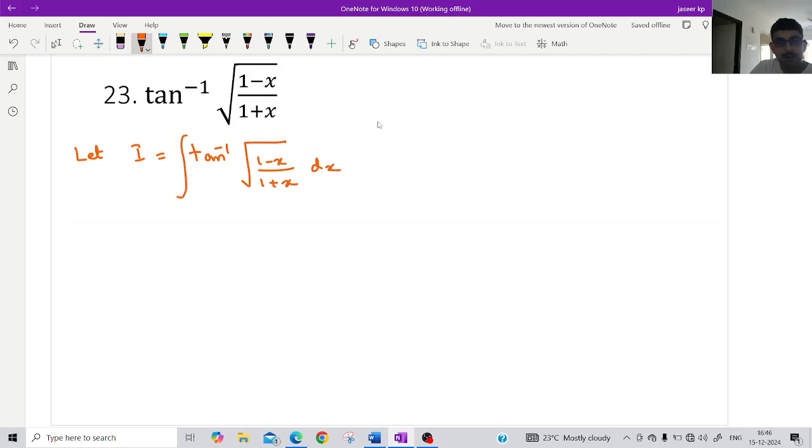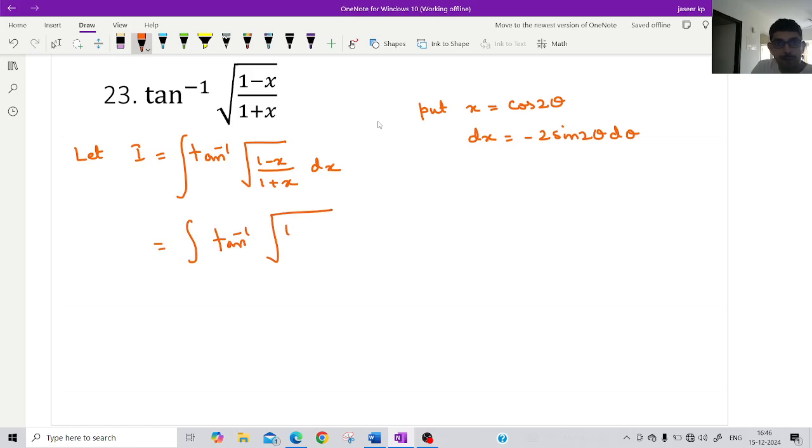We are putting x equals cos 2 theta, so that dx will become minus 2 sin 2 theta d theta. Now substituting the values, tan inverse of root of (1 minus cos 2 theta) by (1 plus cos 2 theta), times minus 2 sin 2 theta d theta.